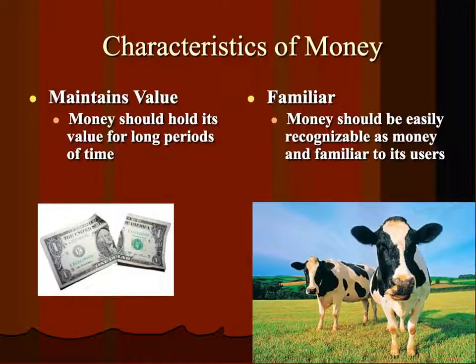So for example, can you identify what makes a good cow versus a bad cow? How do you know if you're getting cheated and somebody's giving you the worst cow in the bunch? I have no idea either. So money has to be easy to identify. You look at a dollar bill, you can pretty much tell if it's counterfeit, if it feels like an actual dollar bill. So it has to be familiar to both parties, and both parties have to know exactly its value.